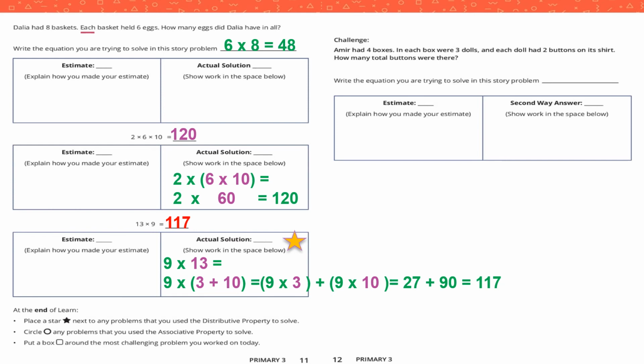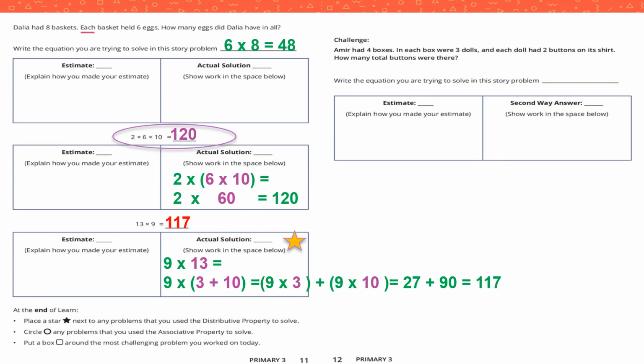Associative property, which one? Yes, this. And put a box around the most challenging problem. I think they are very easy. We studied them before, so if you find something challenging for you, you can put a box around it.